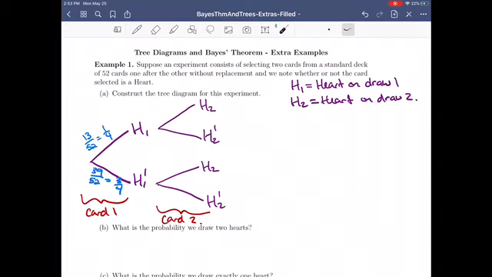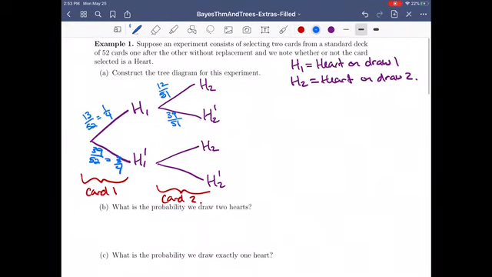So the chances I get another heart are 12 out of 51, with 12 hearts left and 51 cards in total. The chances I don't get a heart: the only card removed was a heart, so there's 39 other cards and 51 in total, so 39 over 51.